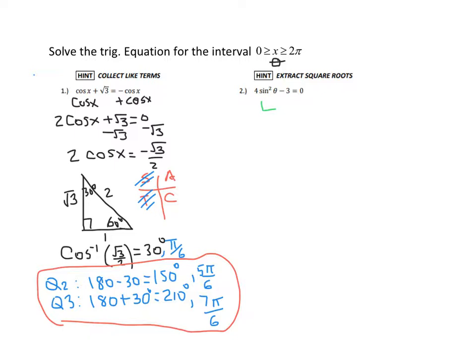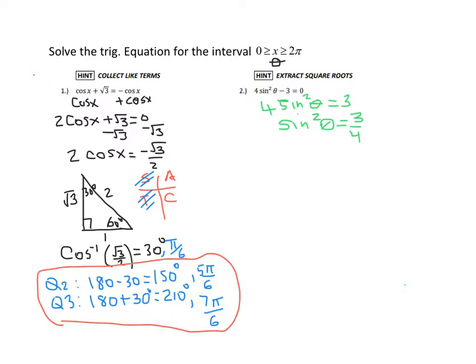So I have 4 sine squared theta is equal to 3. And then I'm going to divide by 4. So sine squared theta is equal to 3 over 4.